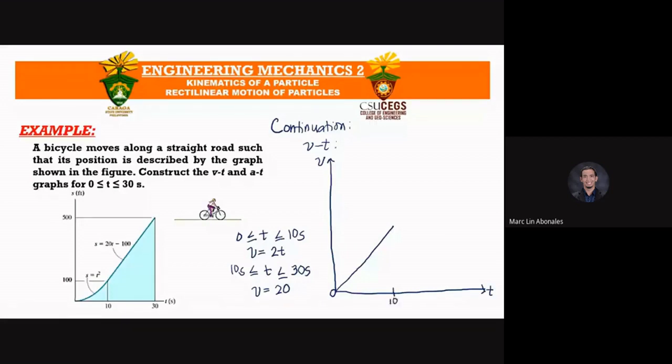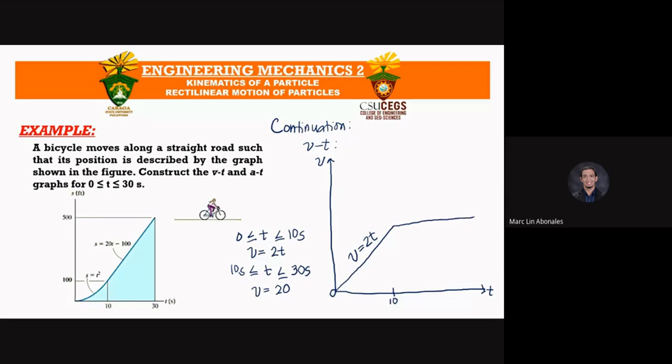So this is V is equal to 2t. So di ba kung mag-graph na to ang V is equal to 2t nga niyang itsura, then i-connect na to ang next na motion that is V is equal to 20. So since it is constant, it is actually horizontal. So horizontal line ang atong koan.